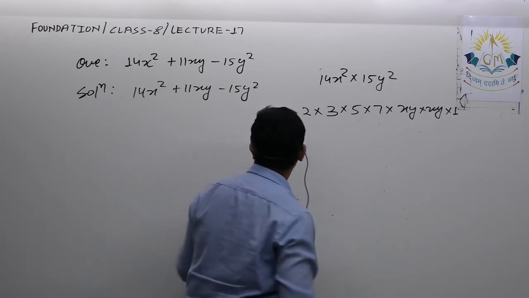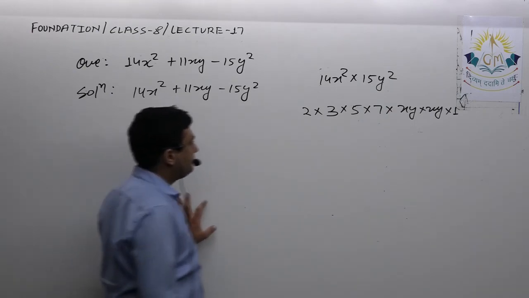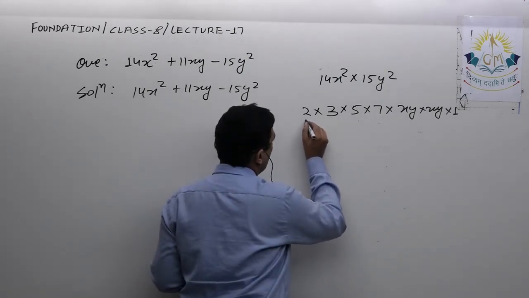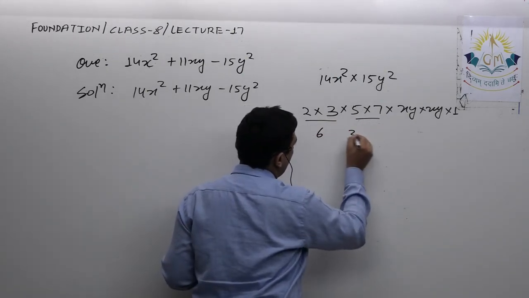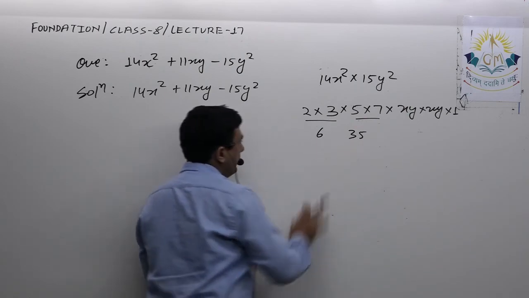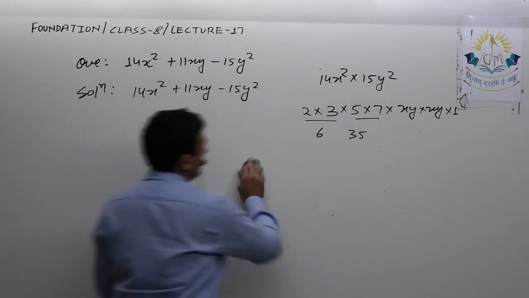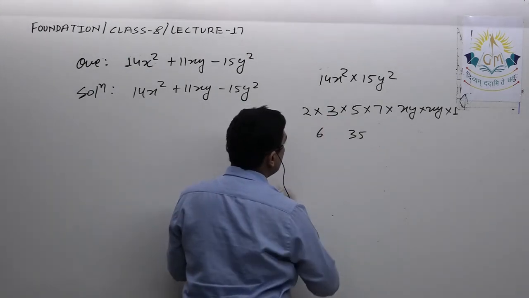So now we have to split the middle term using these factors. So if I say this 6 and this 35, if I write together, so definitely neither their sum nor their difference is going to give you 11. So this is the incorrect combination.